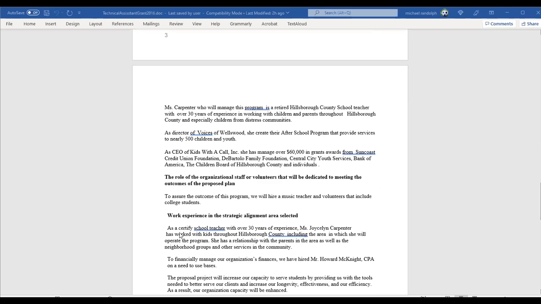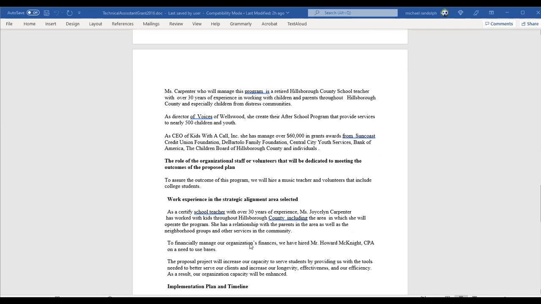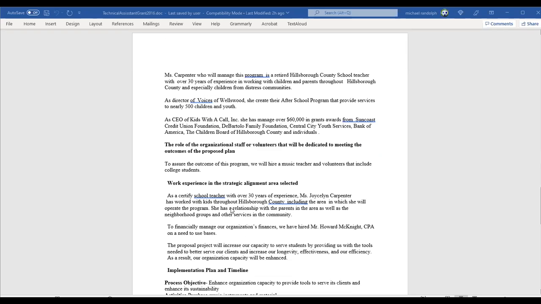Okay, now, this is important because one of the things this grant is asking about is our strategic plans. She began to talk about how her proposal aligns with the strategic plan. So let's read the first paragraph.